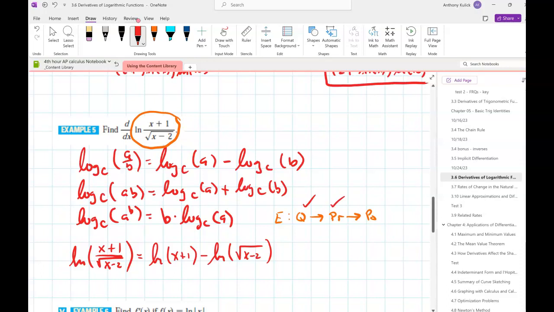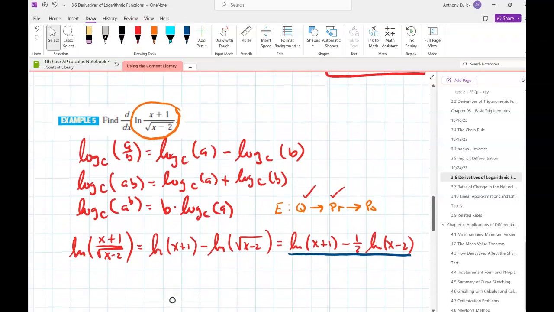Do we have a power property? The root. Good. Remember, we can treat that square root as an exponent of 1/2. So we can do that. What we'll do then is differentiate this. Doesn't that look a lot nicer to take the derivative of?